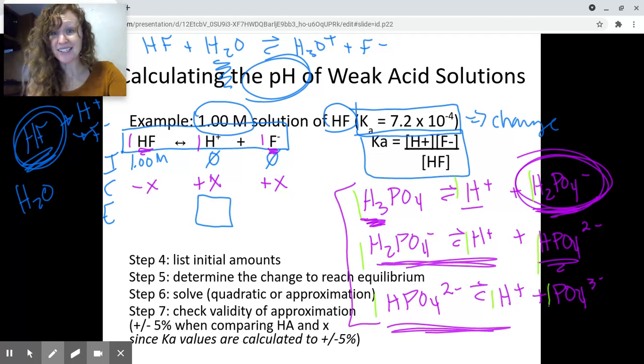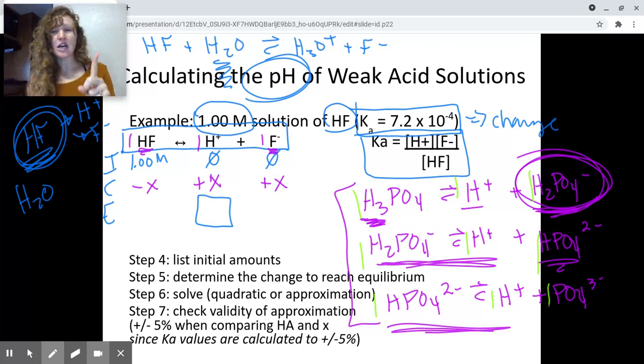So when acids are by themselves or when acids are with water, yes, the ratio will always be 1 to 1 to 1. Now, bases, that's not the case. Bases will give all their hydroxides at the same time. Same thing with salts. Salts will dissociate all their ions at the same time. So bases will not be 1 to 1 to 1. Salts will not be 1 to 1 to 1. And acids, when they react with bases or salts, will also not be 1 to 1 to 1.